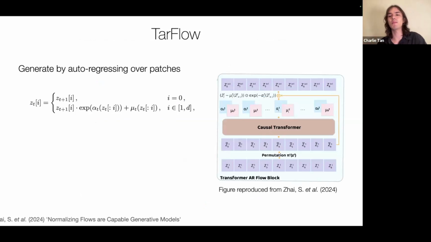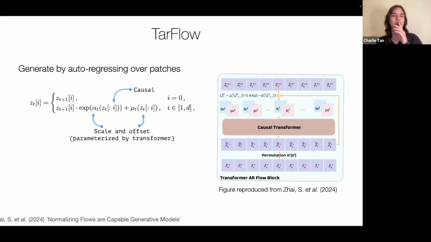And so TarFlow is a blockwise masked autoregressive flow. Fundamentally, it is a causal vision transformer. You take the image and you split it up into patches as you would in a vision transformer, and this gives you a sequence. Then in each block, it performs a transformation to the sequence.